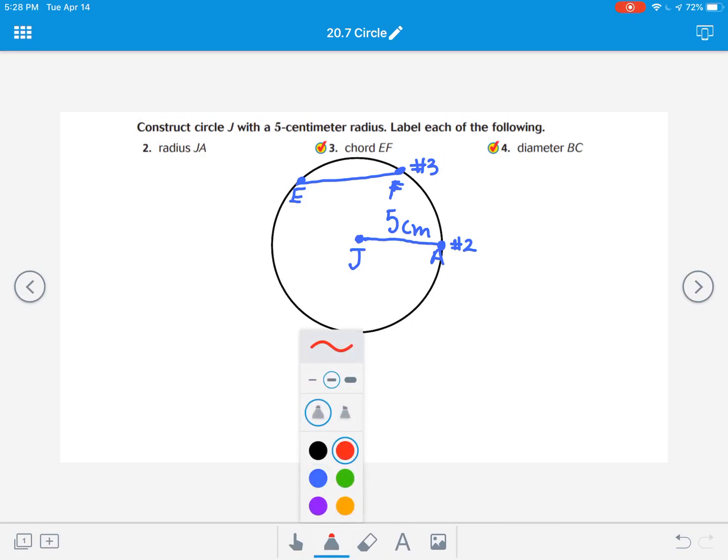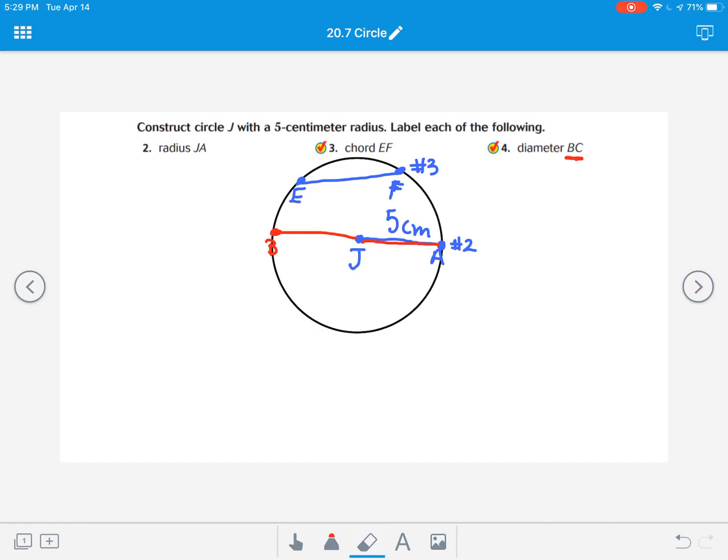You don't need to draw this, but if I draw here and label it B like it says, and I go across, now even if I continue all the way over to here, this diameter would say BA, but it wants BC. So I need to actually draw the diameter across the center of the circle in another way.